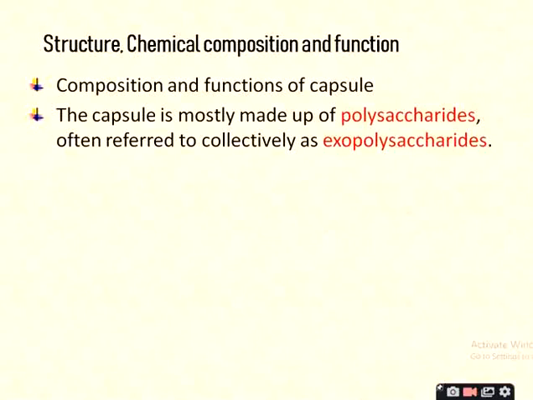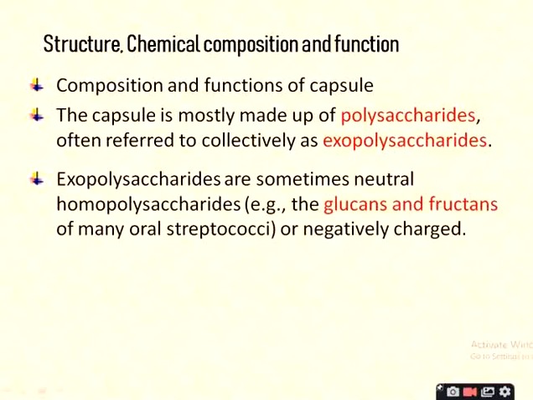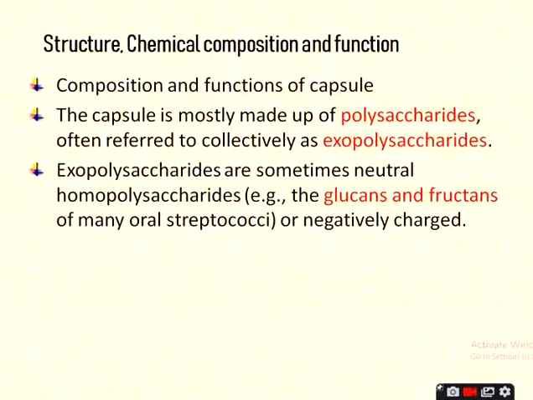It is the secretion of bacteria, and when that secretion forms a layer around the cell, it will become a slime layer or it will become a capsule. But its chemical nature is polysaccharide, that means it is a carbohydrate. So exopolysaccharides are sometimes neutral.